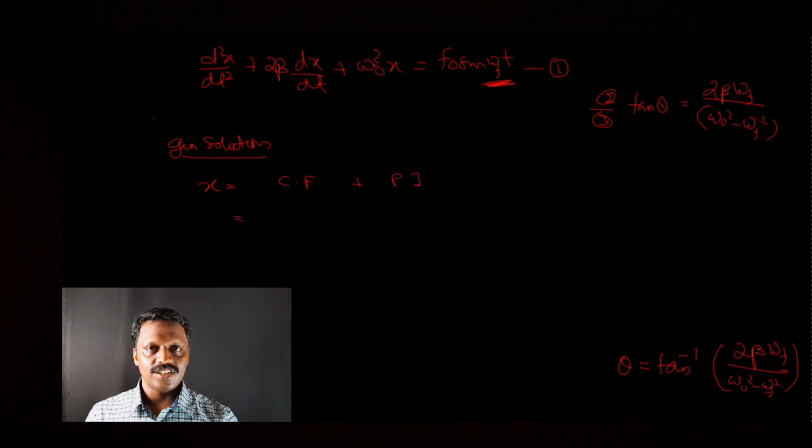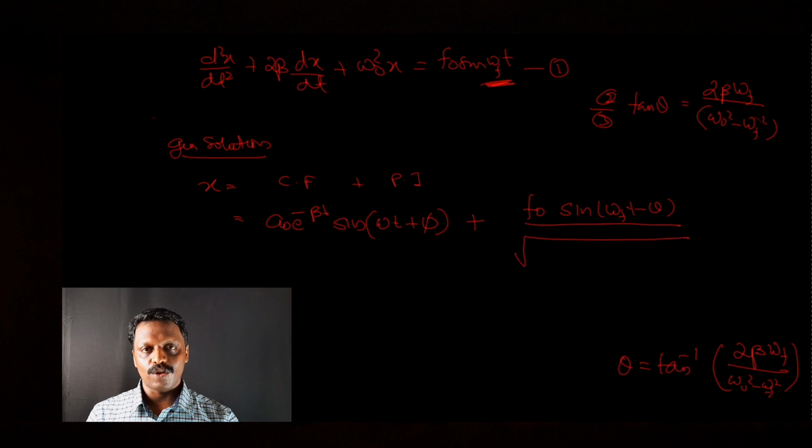The complementary function is a naught e raised to negative beta t sin omega t plus phi, which is the solution to the underdamped condition, that is LHS of equation 1 equal to 0, and we obtain the particular integral part as f naught divided by root of 4 beta square omega square plus omega naught square minus omega f square the whole square times sin omega f t minus theta.